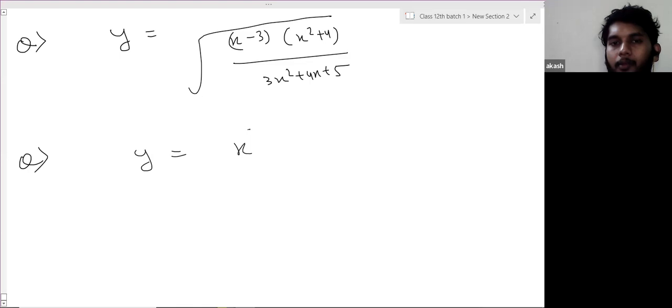y equals to x raised to the power sin x. Try to solve this one.